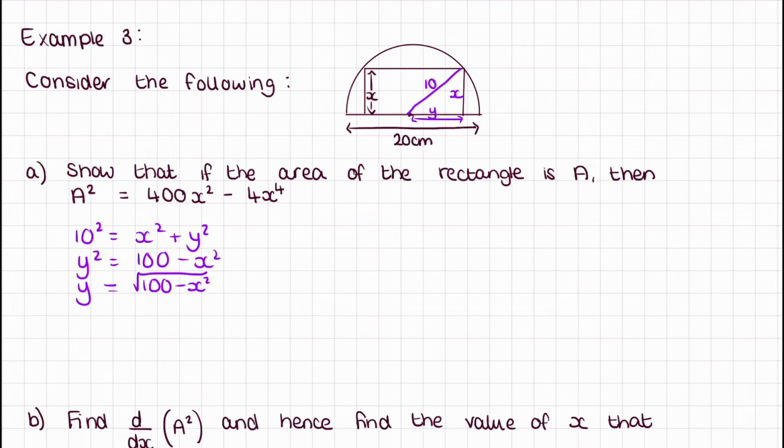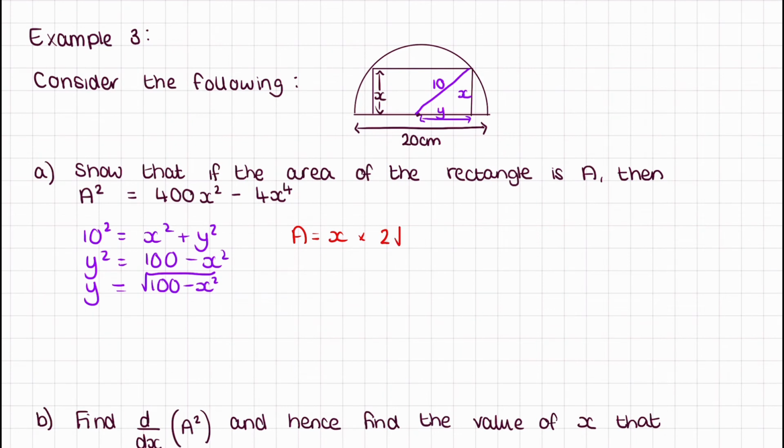So we now have an expression for half of the base, which means our area of our rectangle is going to be the height, which is x, multiplied by the base, which would be 2 times the y, because y is only half the rectangle. So it would be 2 times the square root of 100 minus x squared. Now we want A squared, which means we need to square all of this.